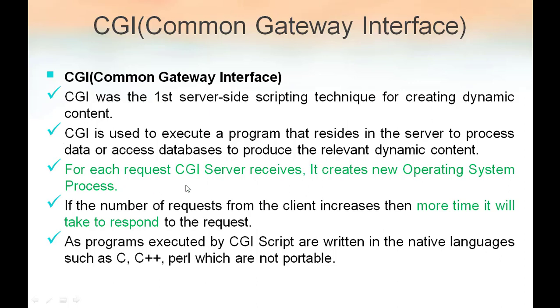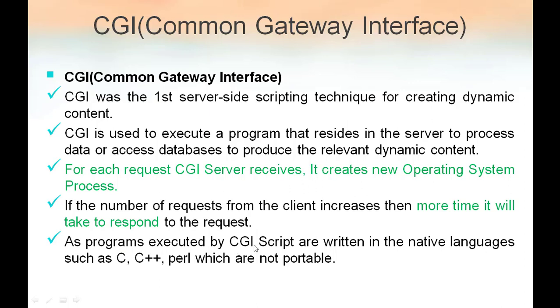And CGI, for each request, creates a new operating system process. If the number of requests from the client increases, then it needs more time to respond to the request.